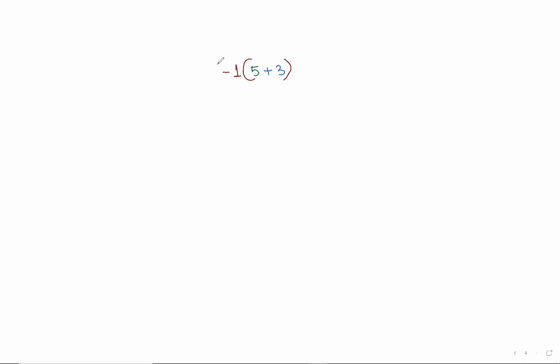What happens over here? Okay, before we go to negative, let's just revise what -1 is. -1 multiplied with 5. Next, -1 multiplied by 3.